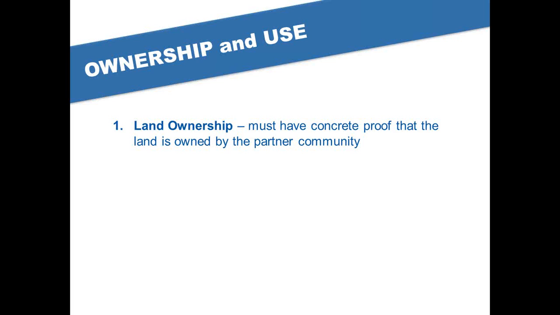This hasn't been an issue historically with structures, though it has been in a couple of cases for wells, where chapters constructed a well on what they thought was community property, but it wasn't, and then all of a sudden there was a lot of difficulty using it after it had been built.